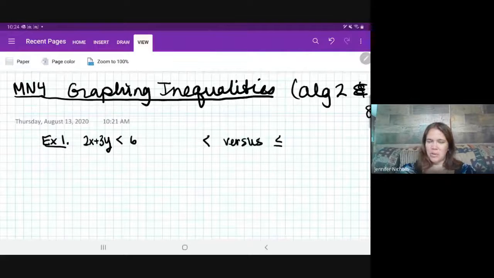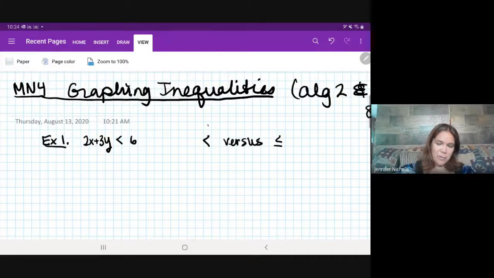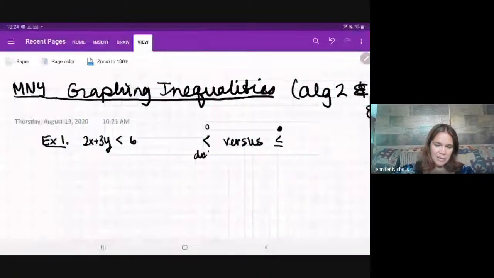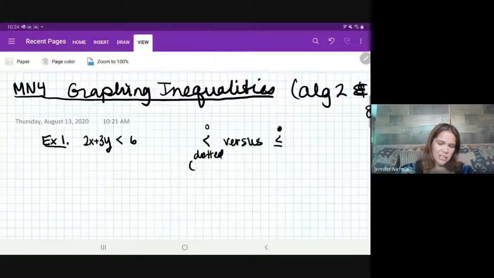How about those? What's the difference between those? Just in general. Hey, that's good. I was going to say open and closed, but you're correct. So open and closed, but actually that's with regular number lines, right? But he's right. So dotted is this one. I call it dashed.